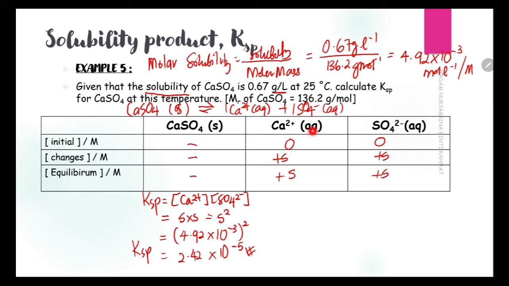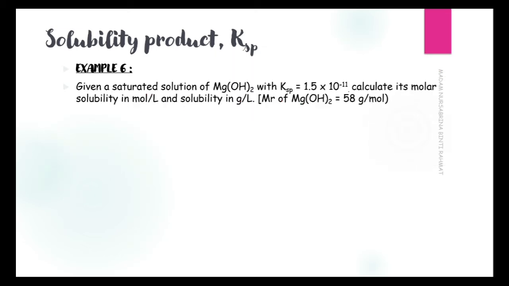Let's try a different example, example 6. We are done with calculating solubility product, but now let's use the value of solubility product to determine the molar solubility or solubility of salts.